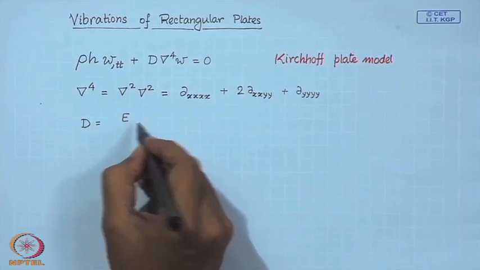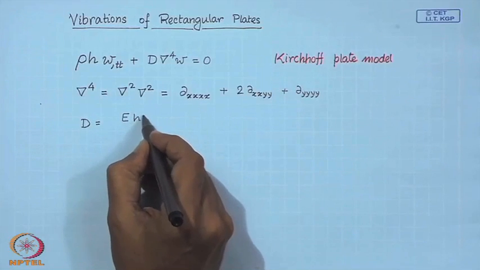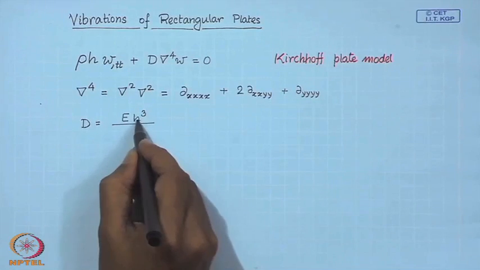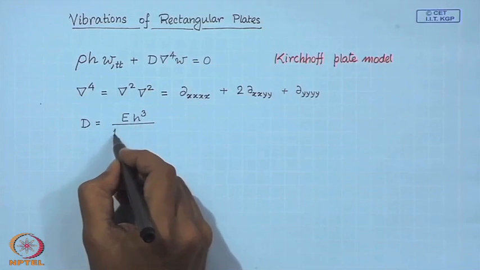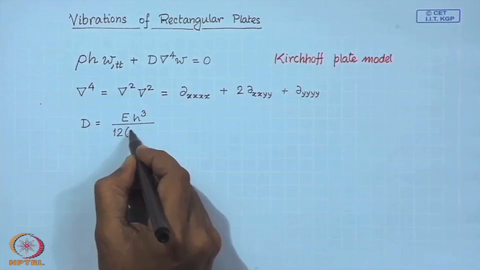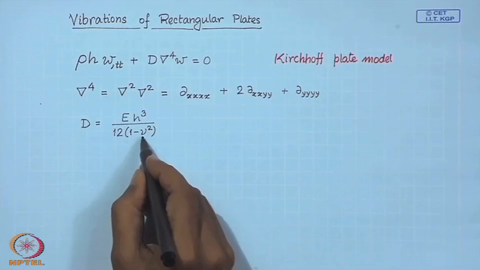is in terms of the Young's modulus E, thickness of the plate h cube divided by 12 (1 minus nu squared), where nu is the Poisson ratio.